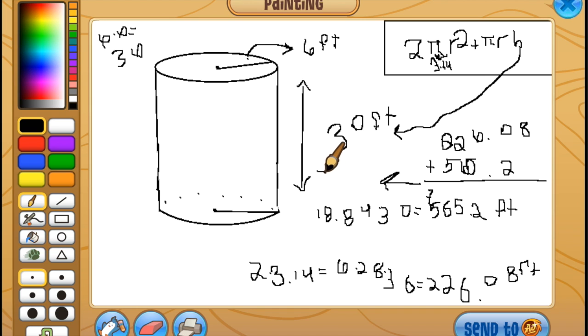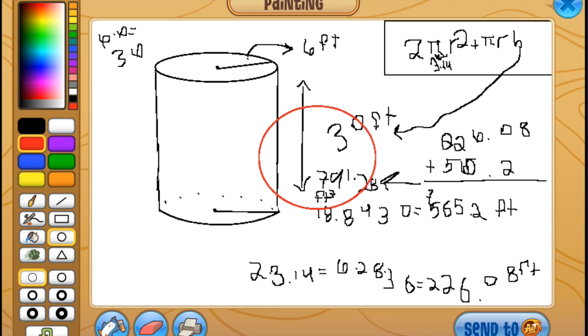So, 791.28. And make sure you circle your answer. That is our answer, 791.28 feet cubed.